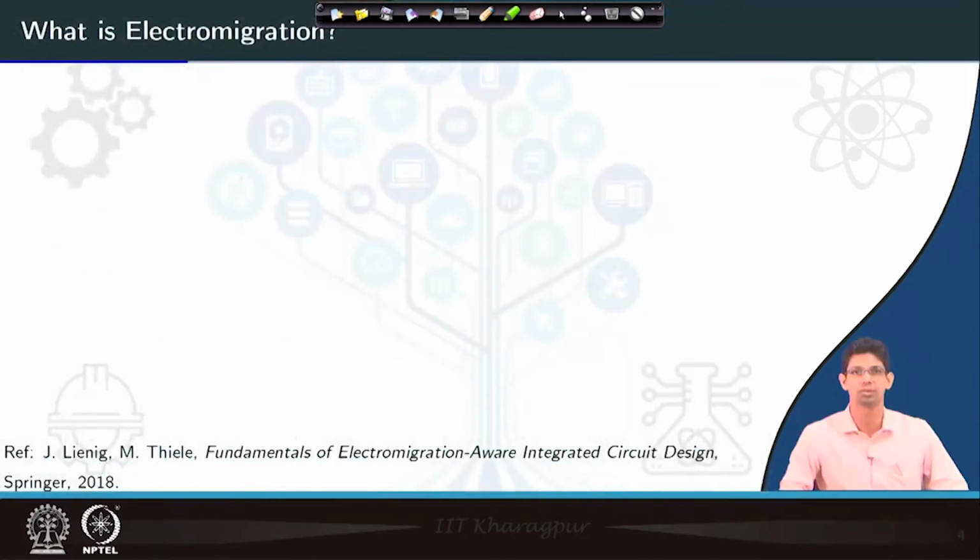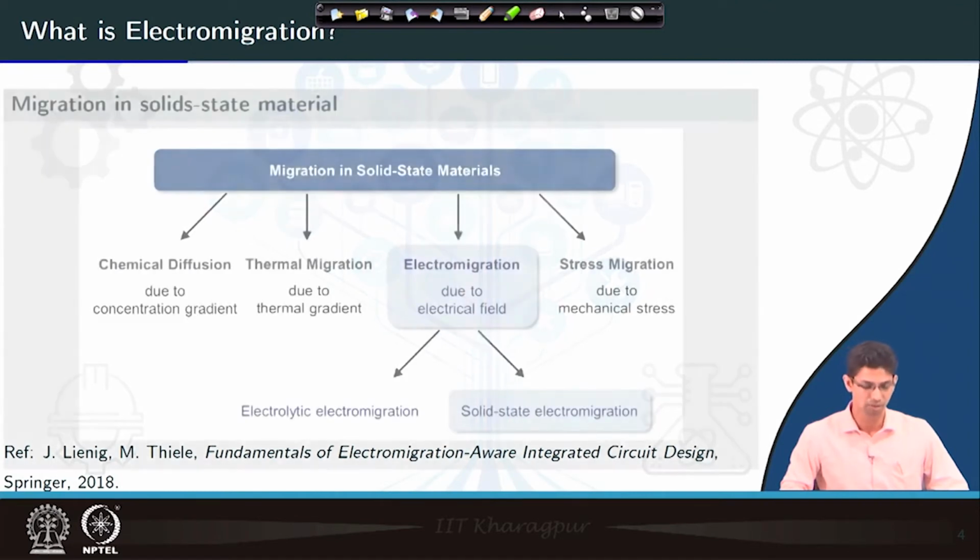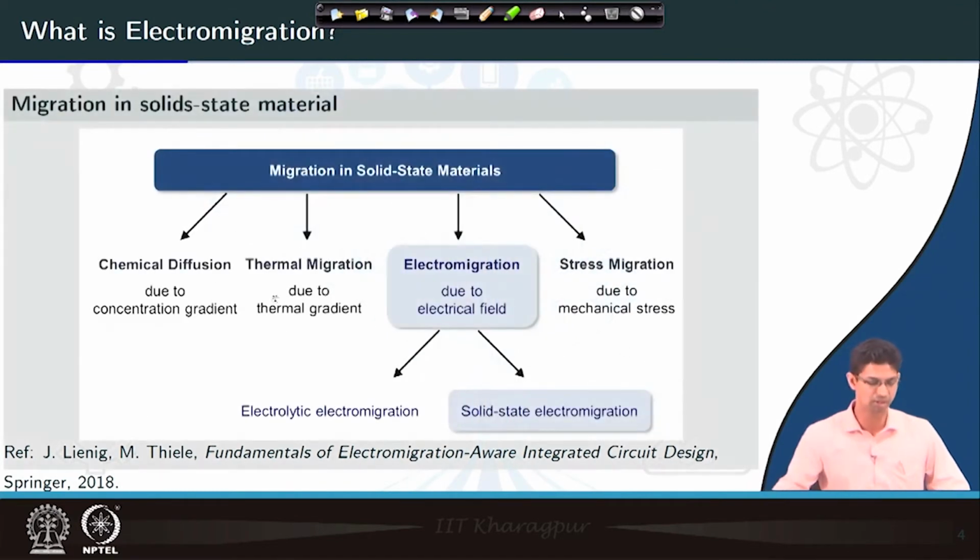So, the first question before us is, what is electromigration? Let us see what migration is. The name itself suggests what it means. Migration in solid state materials means the material is moving under different forces. There can be chemical diffusion, which can lead to a concentration gradient, and that may cause migration.